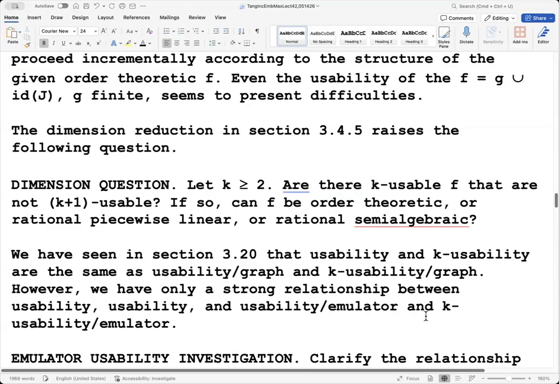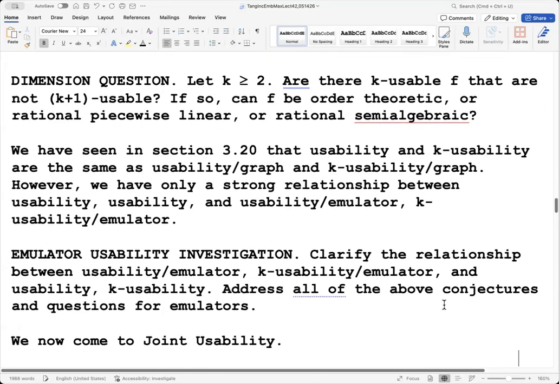A usability emulator, K usability emulator. The relationship between usability and emulator is not clear because I lose a dimension. If you go back to what I did, I think I talked about it last time.